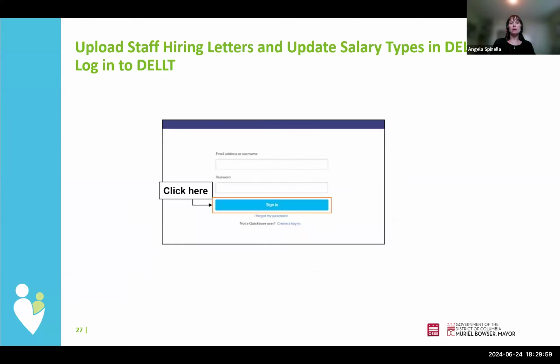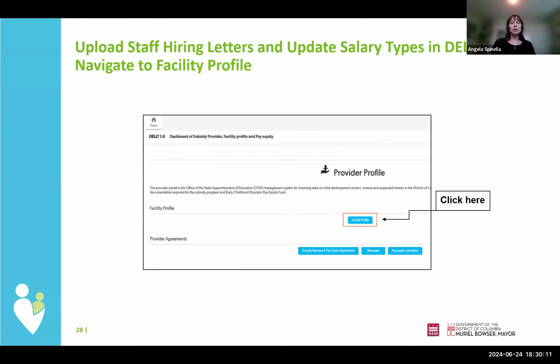You will then enter your email address or username and password, and then you want to click Sign In. So we're signing into DELT. You then want to make sure that you are navigating to the facility profile page so that you can upload staff hiring letters and update salary types in DELT.